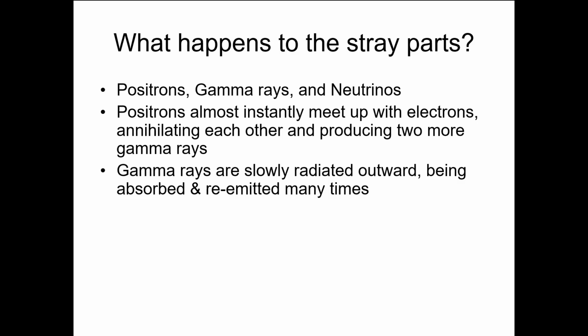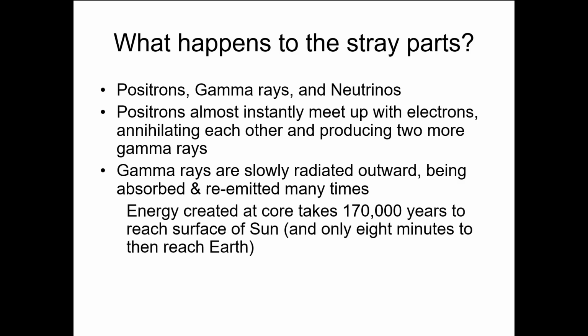There's kind of a downhill progression where the photons released after having been absorbed have less and less energy. Eventually, by the time they percolate out to the surface of the sun, they're in the visible part of the spectrum. The energy generated at the core takes 170,000 years to reach the surface of the sun, and then only 8 minutes to reach the Earth, because once it leaves the sun, it's traveling through the vacuum of space at the speed of light.